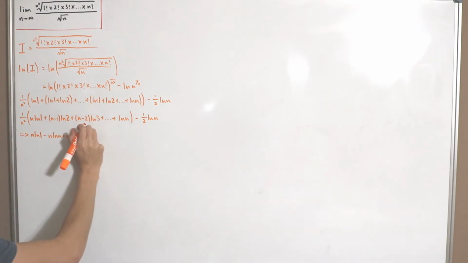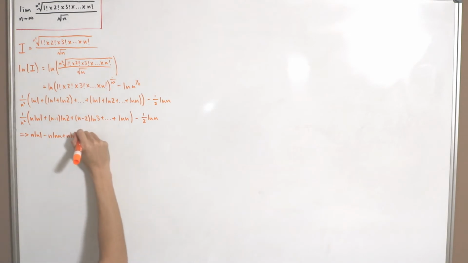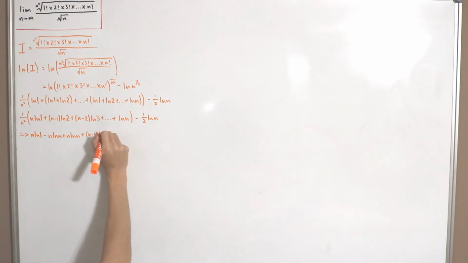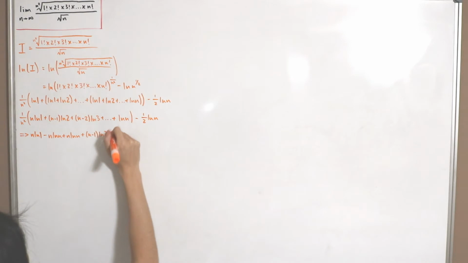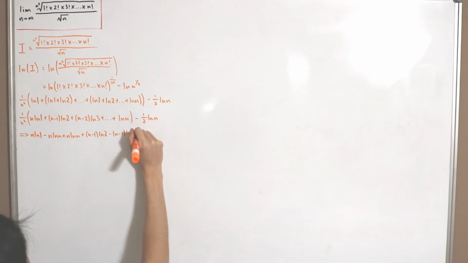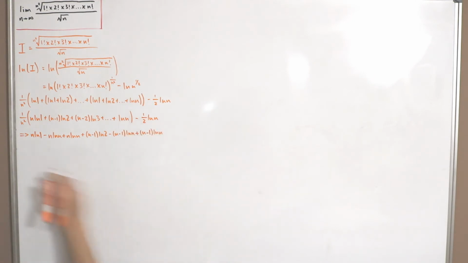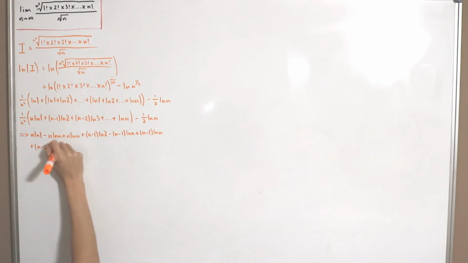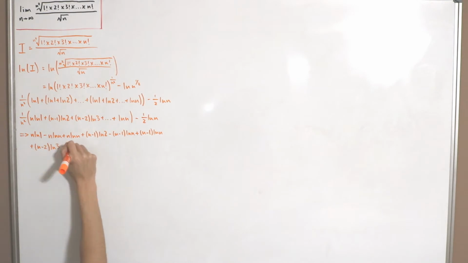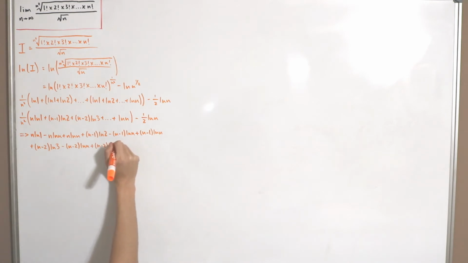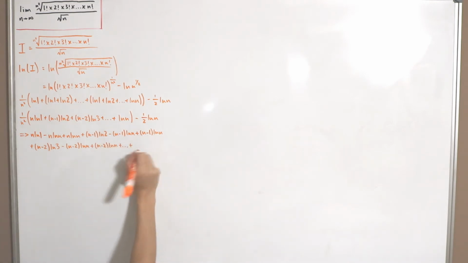Our next term is plus n minus 1 times the natural log of 2, and I'll add and subtract n minus 1 multiplied by ln of n, and then plus ln of n, the same thing. Moving to the next line, our next one is n minus 2 ln of 3, and I'll add and subtract n minus 2 times ln of n, and so forth. So you see the pattern of what we're doing here.